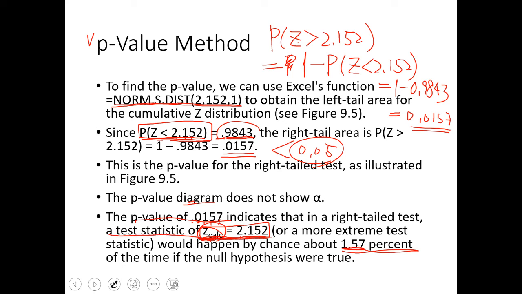So this event would happen by chance about 1.57% of the time if the null hypothesis is true. So if the null hypothesis is true, the probability that we observe this z statistic is 1.57%. So it is a very low percentage. It is less than 5%. So that's why we reject the null hypothesis.